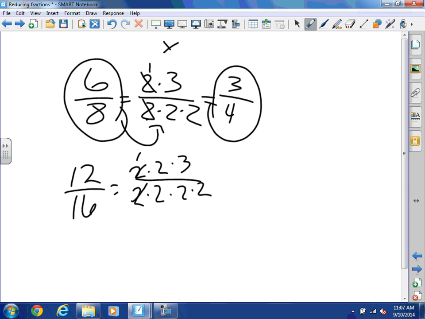Cross it out, I have 1 left over. What's 2 divided by 2? 1. 1 left over. I have a 3. Do I have a divided by 3? No. So 1 times 1 times 3 is just 3. 1 times 1 times 2 times 2 is 4, correct? This is why, you guys, cross-canceling works, because I'm doing the division before I'm doing the multiplication. I'm dividing first.